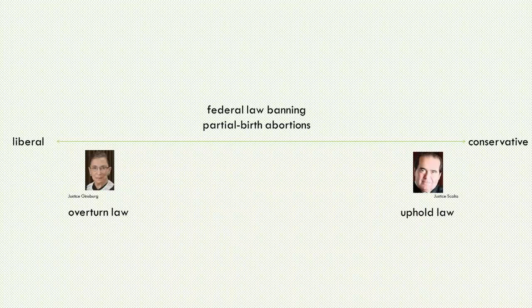A liberal justice, like Justice Ginsburg, for example, would be predicted by the attitudinal model to overturn the law. According to the attitudinal model, justices make liberal decisions in cases located to their right. They basically say this case is too conservative, I'll make a liberal decision. So Justice Ginsburg would vote to overturn the ban on partial birth abortions.